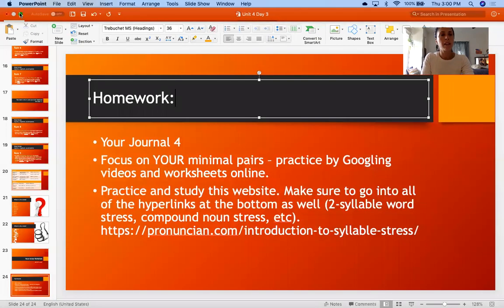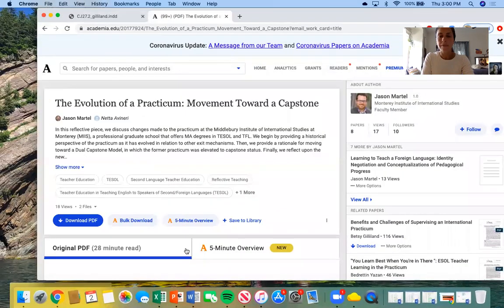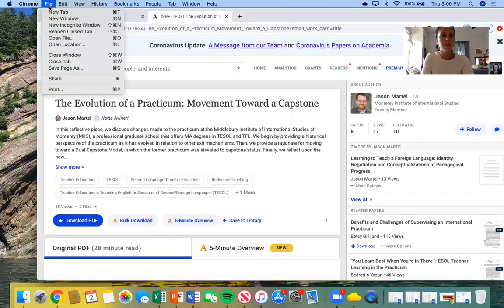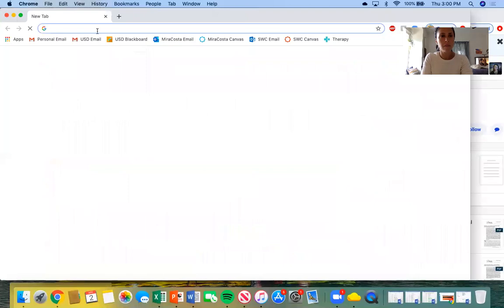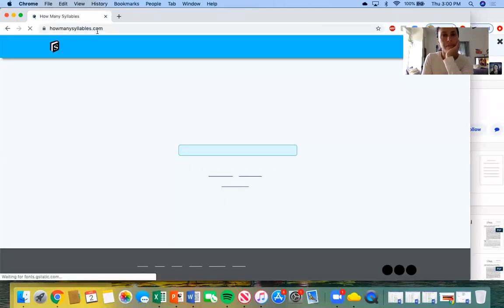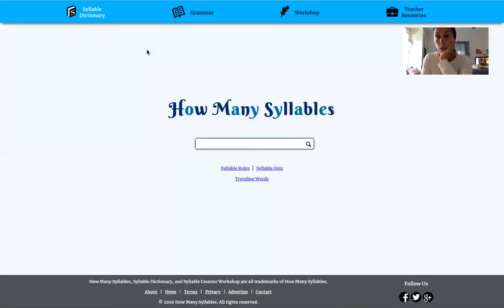But another thing that can be really useful, nope, that's the wrong, where am I going? Another website that's very, very useful, just do a different window, is howmanysyllables.com. Okay, so howmanysyllables.com. This is an actual website, which is crazy and very cool.